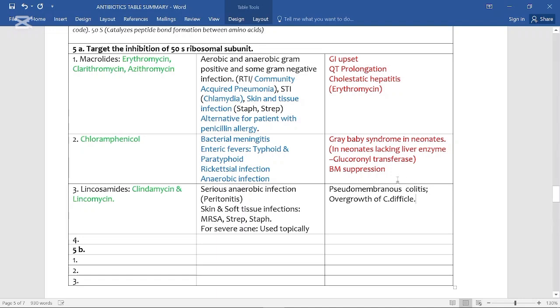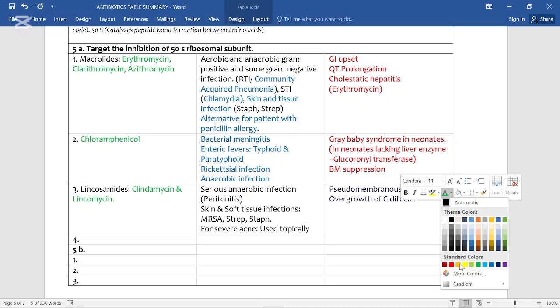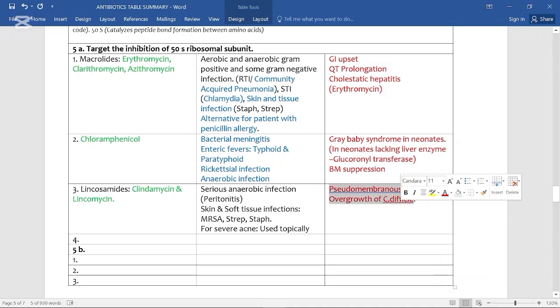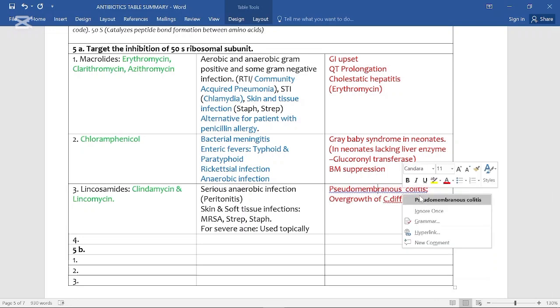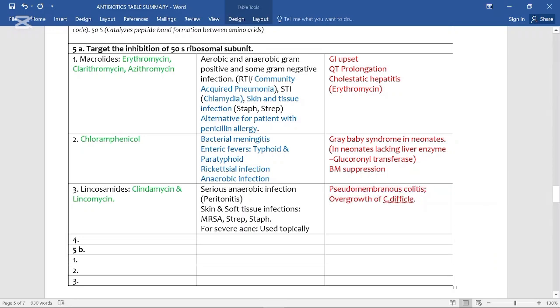So this is one of the major side effects when it comes to using the clindamycin or the lincomycin. Put the C. difficile, yeah.